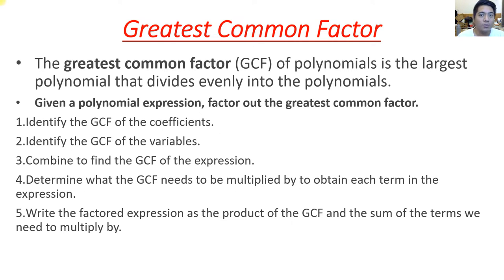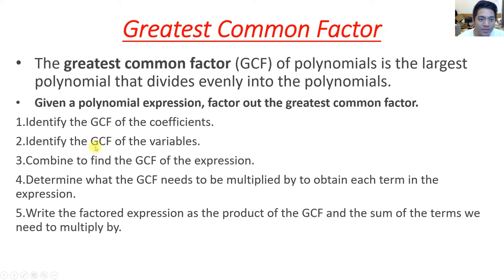Basically, with GCF we are just factoring out factors that are common to all terms. That's the largest factor common to all of the terms. So if we determine the largest common factor among all the terms, then from that, we can factor it out to simplify the given expression.